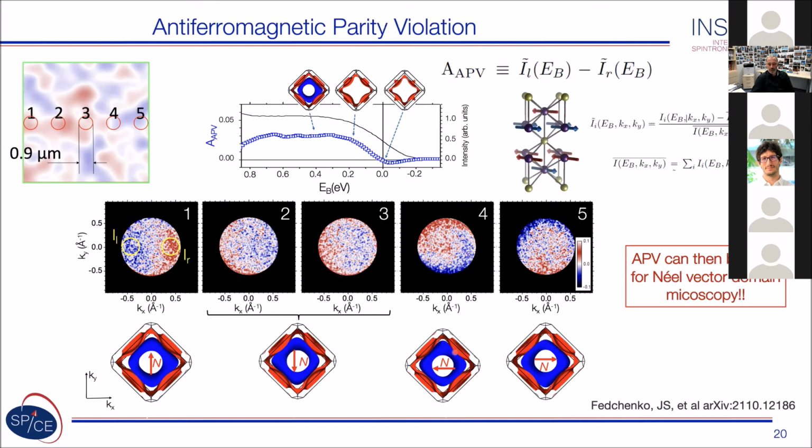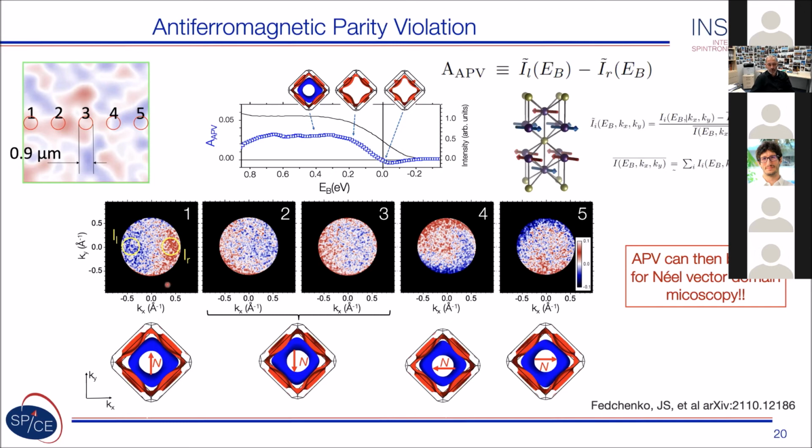In this case, connected to the band structure calculations by Divers-Meckel, that indicates opposite directions of the L vector. What this also indicates is that here, for the first time, you have a direct microscopy of the Néel vector domains, not just the orientation, not just simply knowing that it's lying flat in the plane or not, but that it is actually pointing up or down.